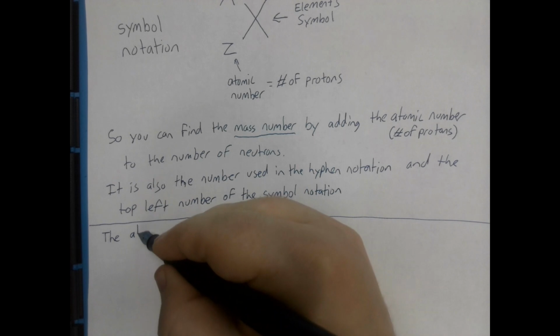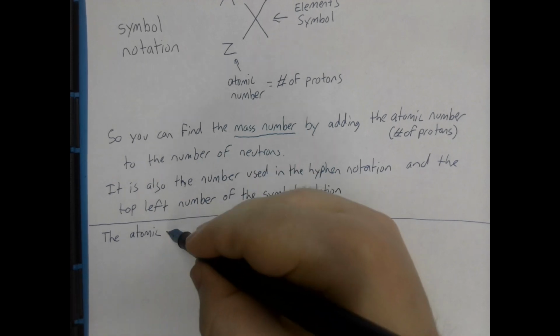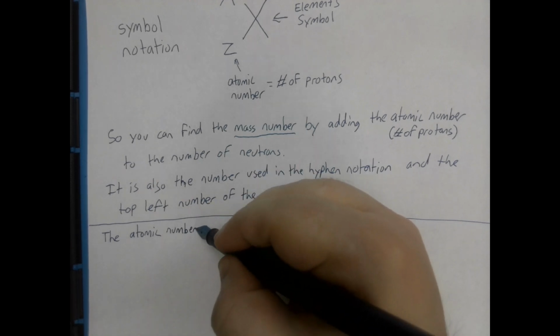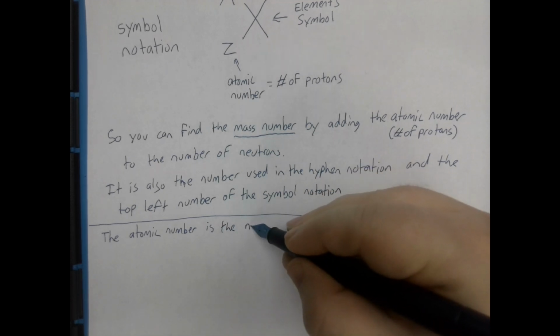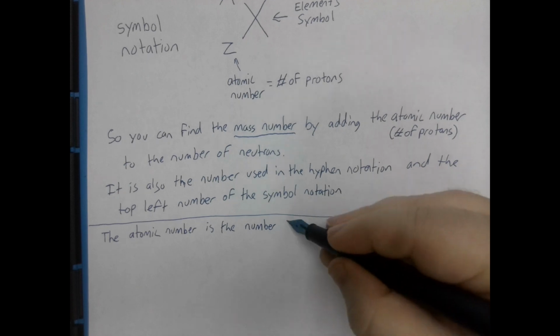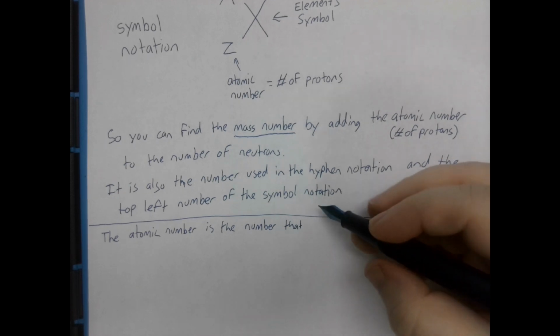The atomic number is the number that identifies what type of atom.